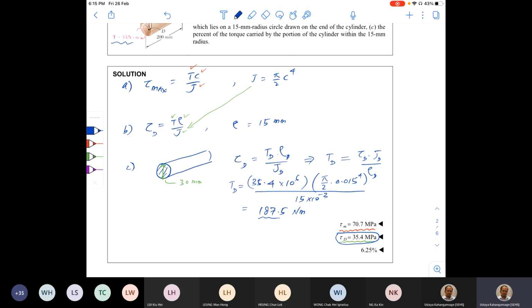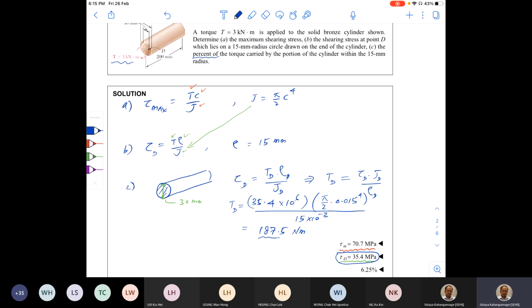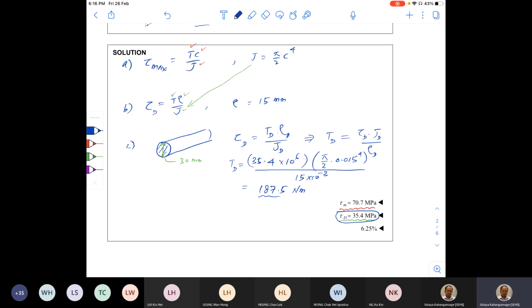Okay, so if you find out the percentage of the torque carried by the portion of the cylinder within the 15 millimeter radius, that is the T_D over the total torque into 100%.